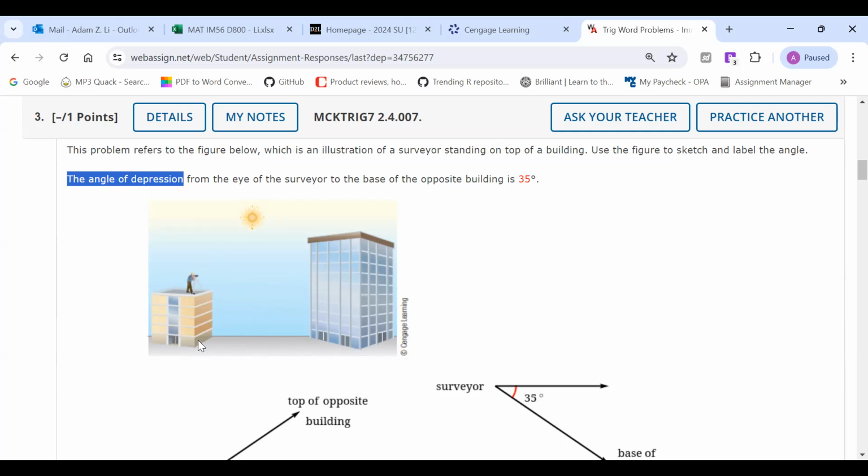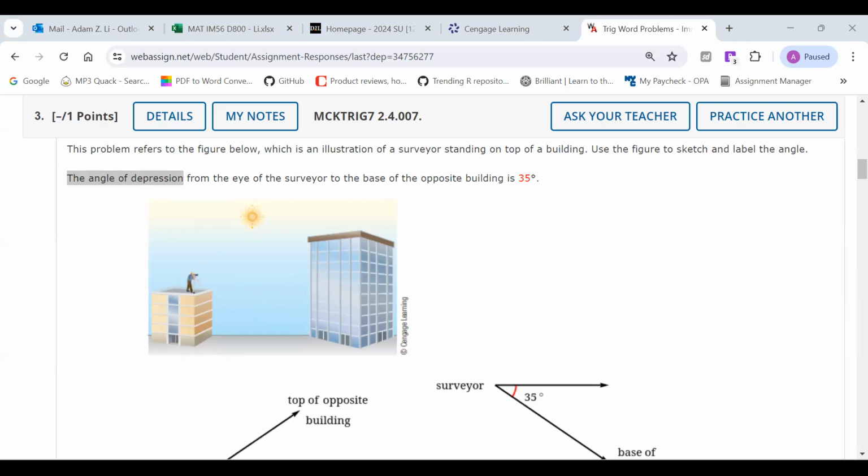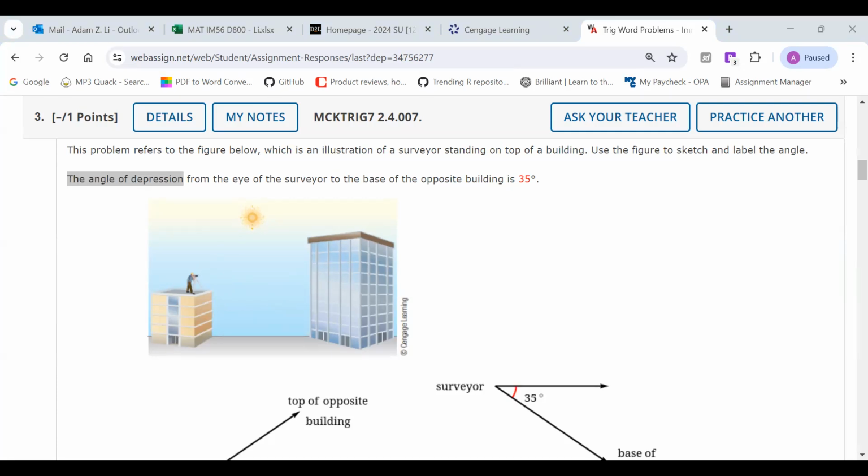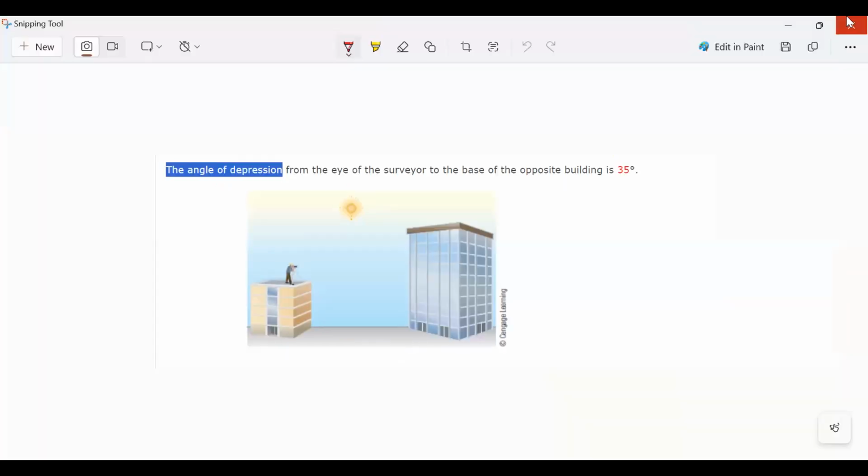I guess I'll draw this and I'll screenshot this so we can see how that goes. It's easier if you draw the graph. So this is the eye of the angle of depression, from the eye of the surveyor to the base of the opposite building. This is angle of depression, 35 degrees.